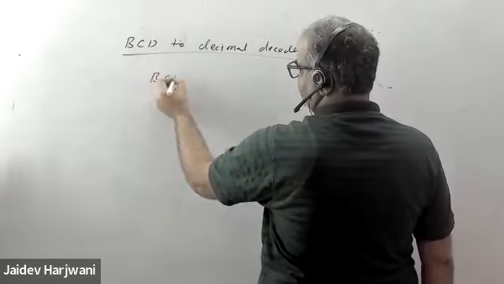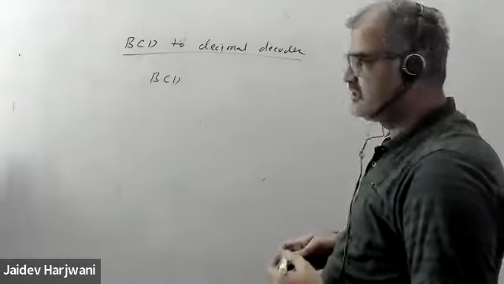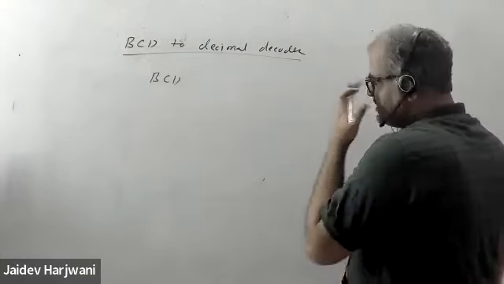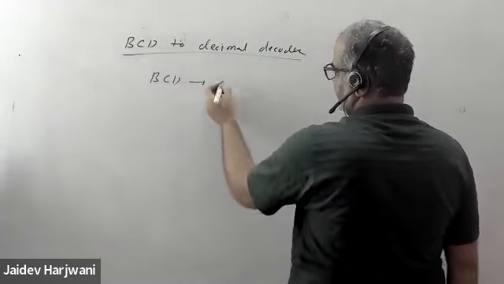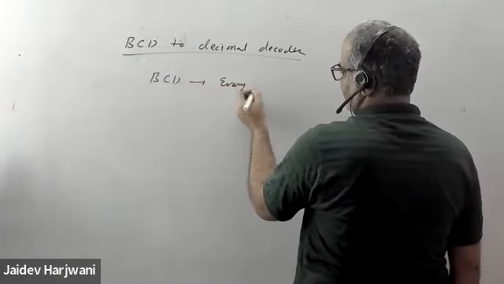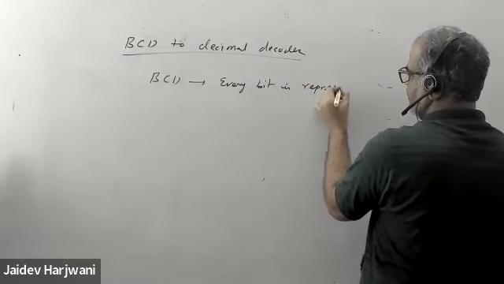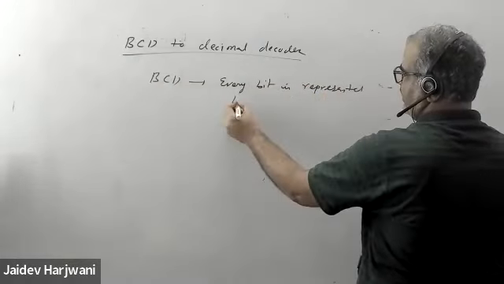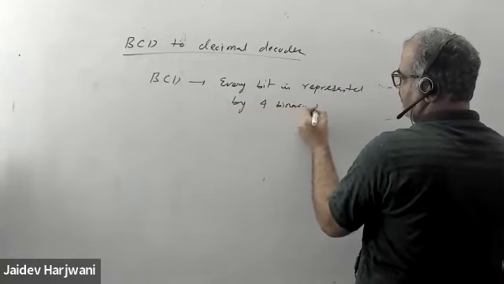BCD is also a number system, a code system, like your binary number system and hexadecimal number system. In the BCD number system, every digit is represented by four binary bits.